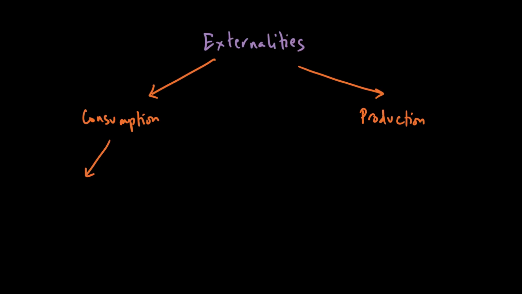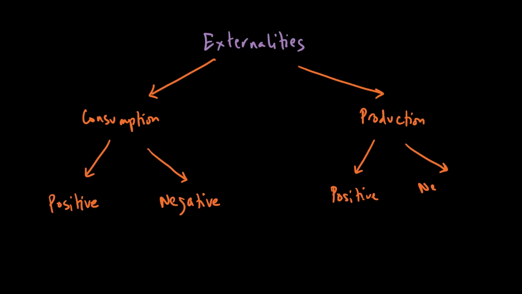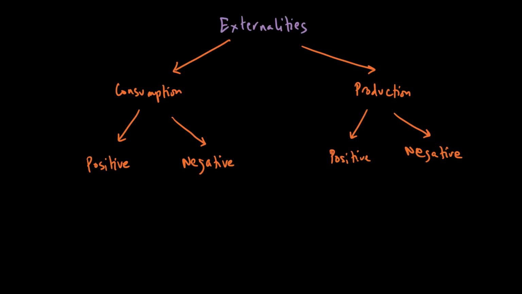Then they could be both positive and negative on both production and consumption side. Are you all with me? So externalities have basically four kinds: two consumption side externalities and two production side externalities. One is positive, one is negative on consumption, and similarly positive and negative on production.